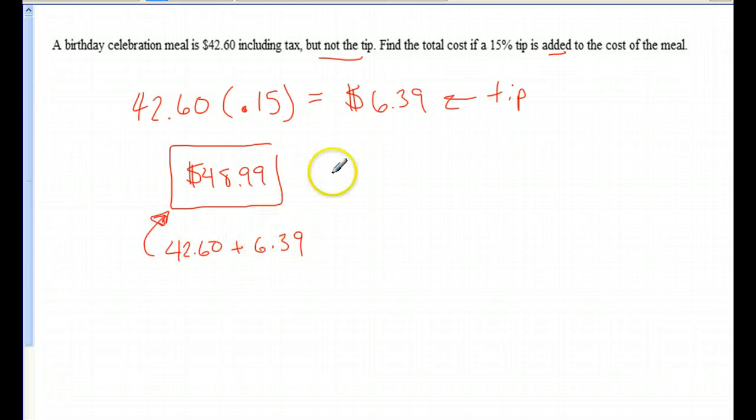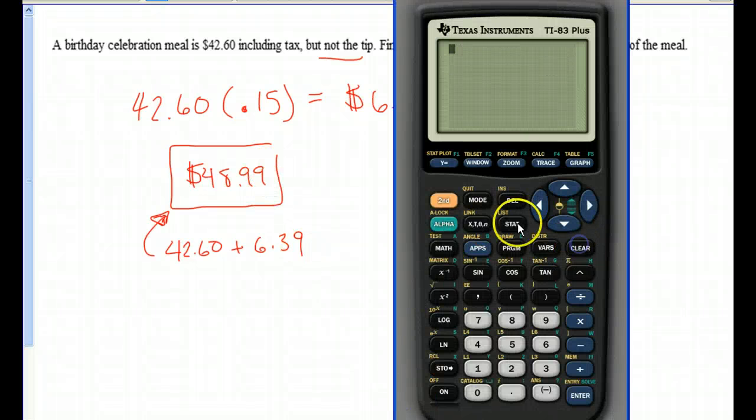Now that's one way you can do it, but if they don't ask for this step, like what the tip is going to be, if they just want to go from the amount before the tip to the amount after the tip, then all you have to do is, instead of multiplying by just 0.15, you multiply by 1.15. The 1 takes care of multiplying by the original amount, and then this is the tip, this is the 0.15. This is the 1, so 1.15.